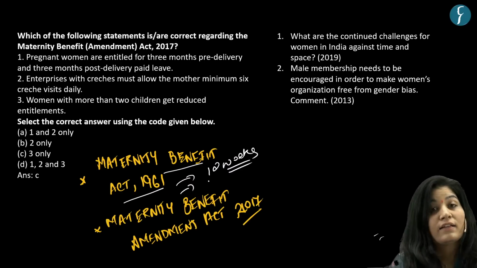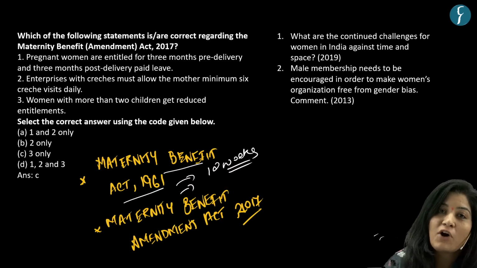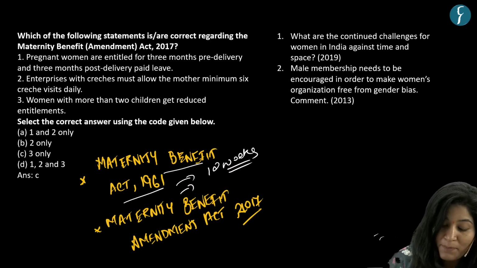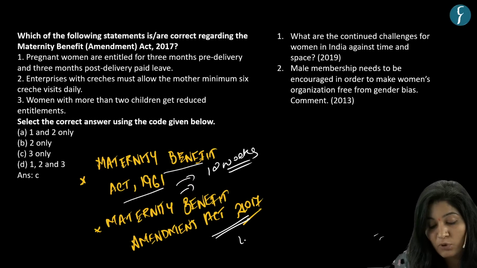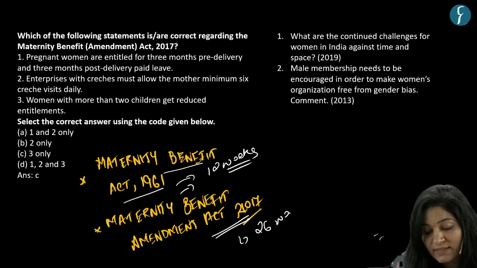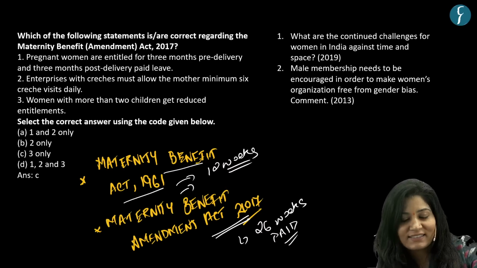And this act had some shortcomings, so they came up with a reform, the Maternity Benefit Amendment Act 2017, in which they provided 26 weeks paid leave. So they increased this time from 12 to 26.